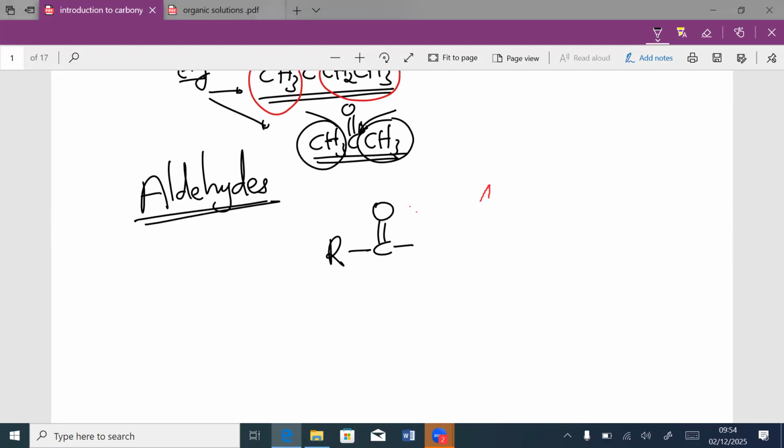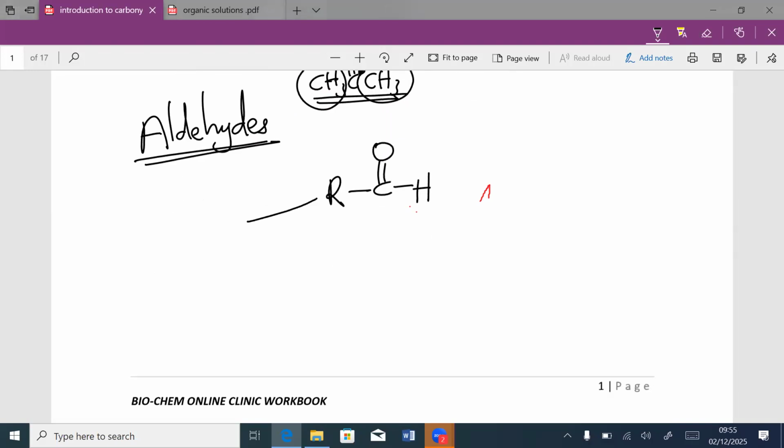Instead of having two alkyl groups, the other alkyl group is replaced by a hydrogen atom. So this is one alkyl group, and this one here is a hydrogen atom.